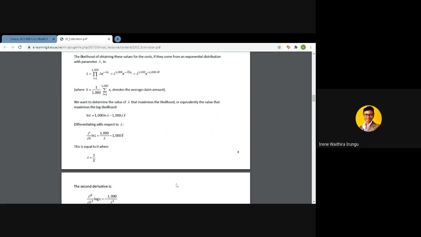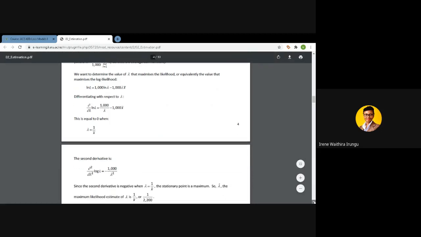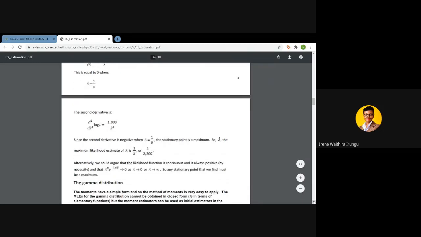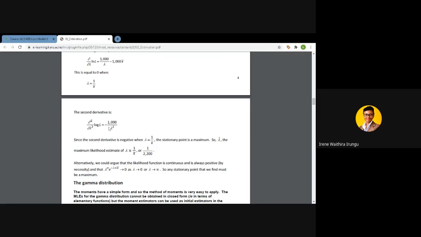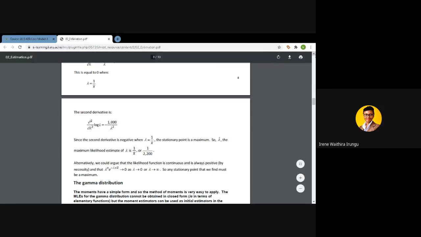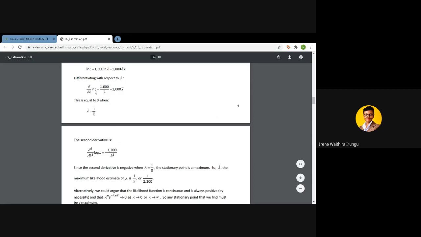So to affirm whether it's actually a maximum likelihood, again, from your calculus, the maximum point is determined when, if you take the second derivative of a function, then it should give you a negative gradient. So in this case, if we take the second derivative of this log of the likelihood, so if you differentiate this twice, it means this becomes negative 1,000 over lambda squared, and this goes to 0 since it does not have any function of lambda.